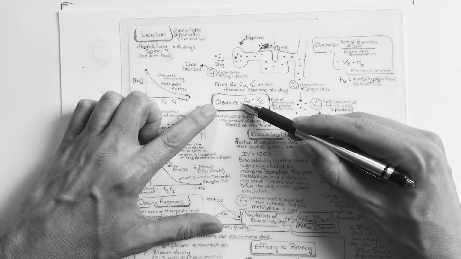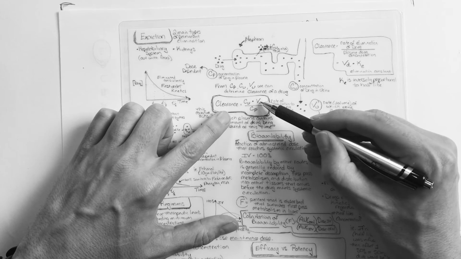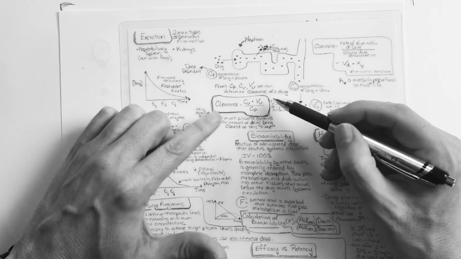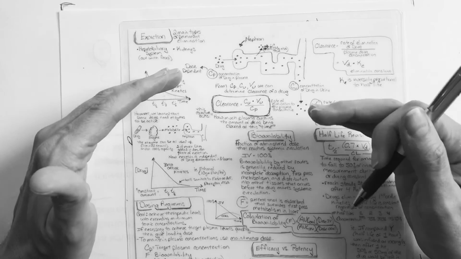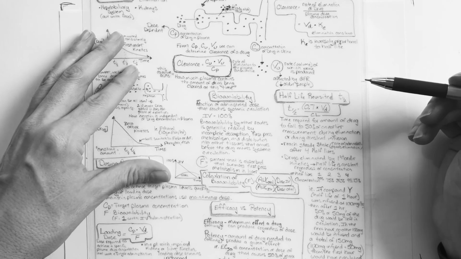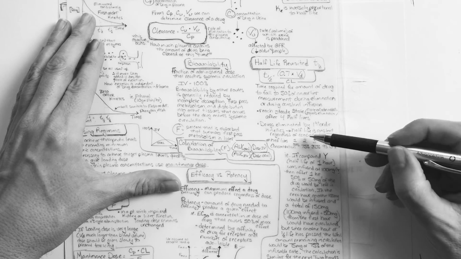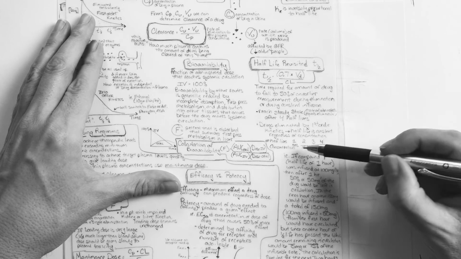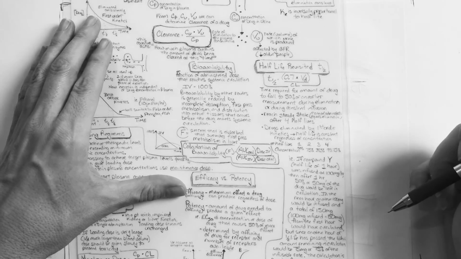We know the formula for clearance, and I said, look, you just have to know how to say, if this one goes up, how does that affect clearance, and vice versa. Know how to manipulate it with arrows going up and down, not so much how to plug and chug the numbers. And then we definitely talked about half-lives, 1 half-life, 2, 3, and 4, how that goes up in case they ask a question like that.